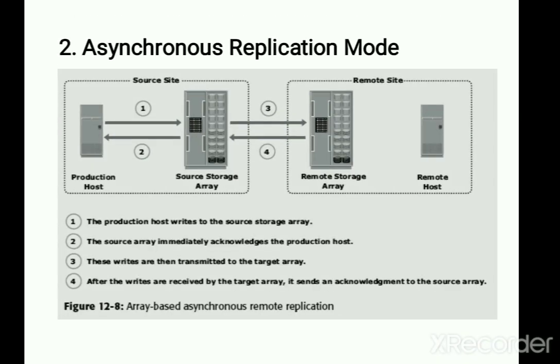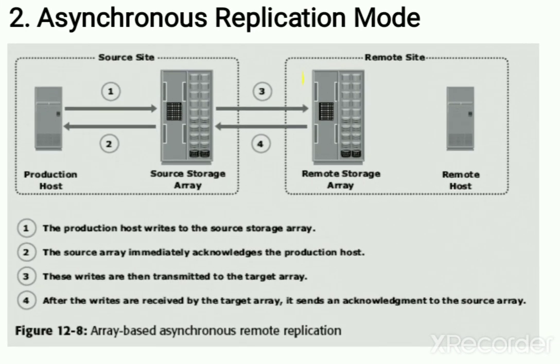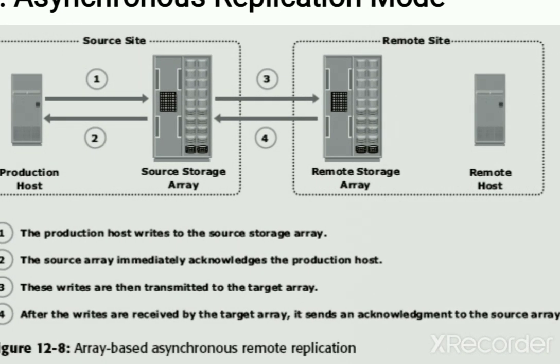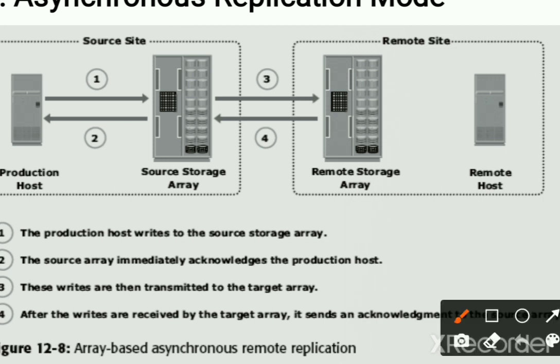The second one is asynchronous replication mode. You can check in this diagram, it is as the name states, asynchronous. That means the data is copied from the host to the storage array, and the storage array acknowledges back to the host. The host copies the data to the storage array, and it is written to all the disks available.